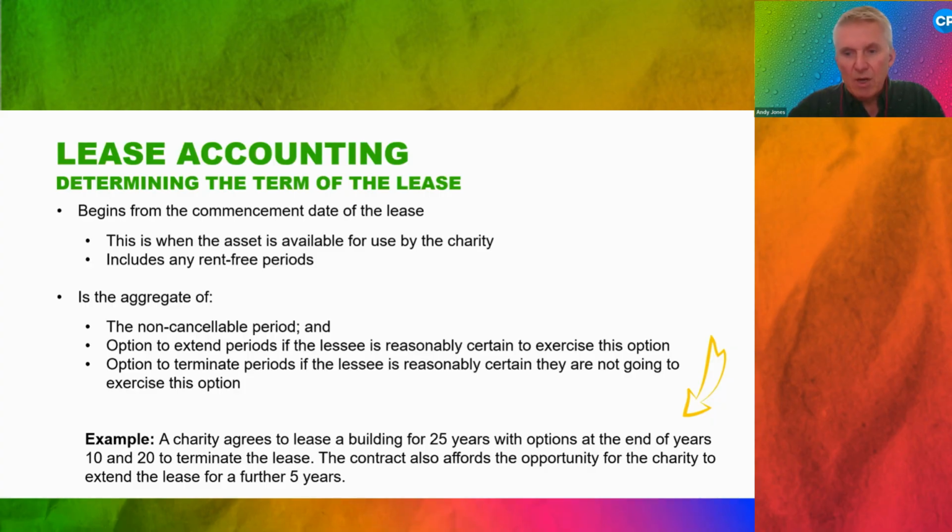Also, if the trustees were also reasonably certain that whilst they'll remain for the 20 years, they will also extend it for another 5 years, then again the lease term will become 25 years. So it's just important to look at the clauses in the lease, the break clauses, termination clauses, options to extend, and apply that reasonably certain test.